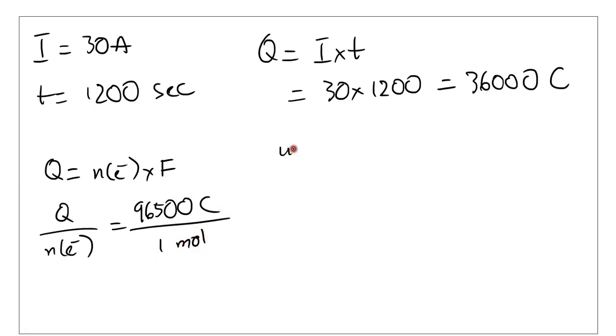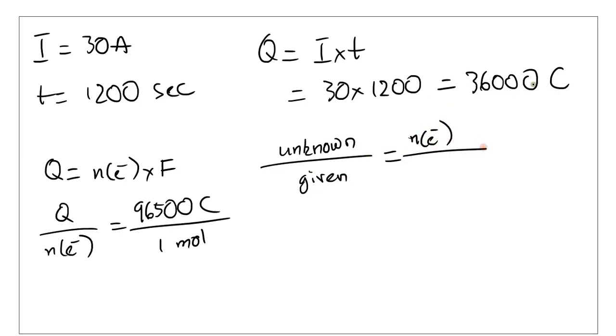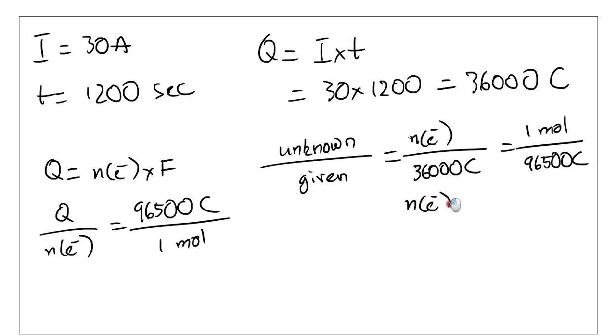Now, if you go unknown over given, I'm just going to stick to one method. You don't have to use it. Unknown over given, the unknown that I want to find here is the number of mole of electrons. And the given, I know the charge. So given 36,000 coulombs, that is equal to 1 mole of electrons for every 96,500 coulombs. And you should be able to rearrange this ratio to work out the number of mole of electrons that applies to this many charges.